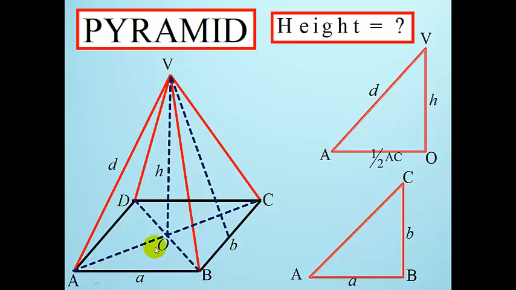And that is triangle ABC, where the distance AB is a and the distance from B to C is b.